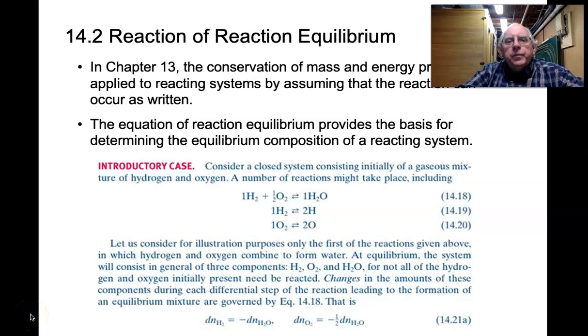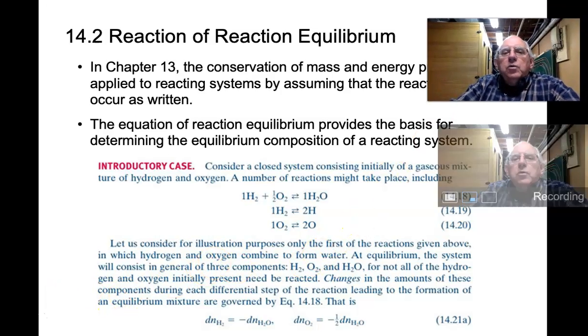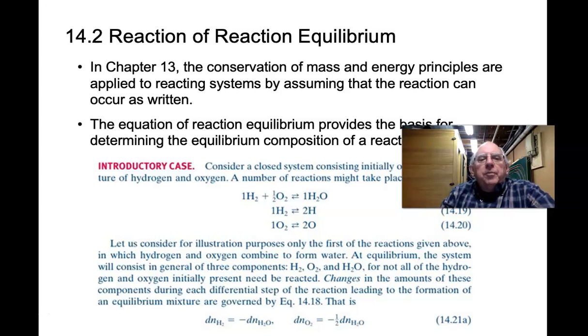Okay, as we pick up here in chapter 14, what we saw in chapter 13 was that we developed the conservation of mass and energy principles, applied them to reacting systems. And when we did that, we assumed that the reaction occurred as we stoichiometrically wrote the reaction to occur.